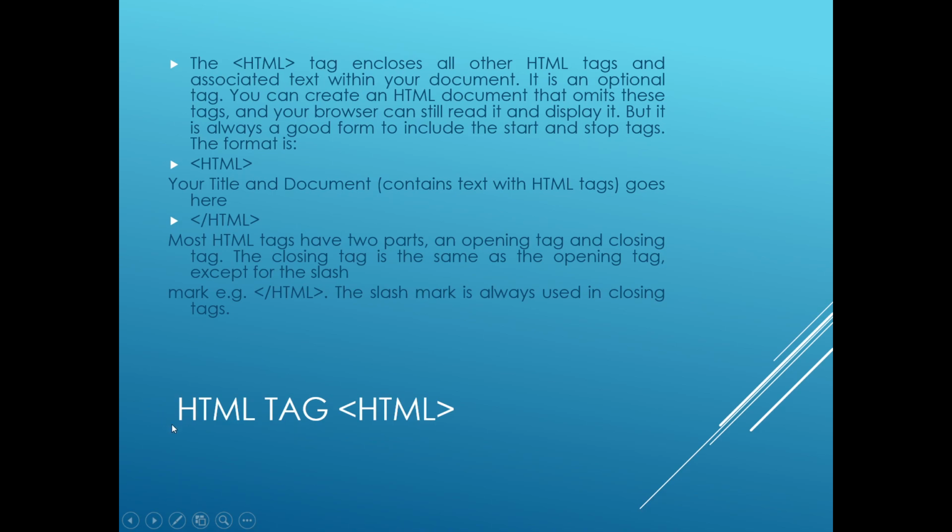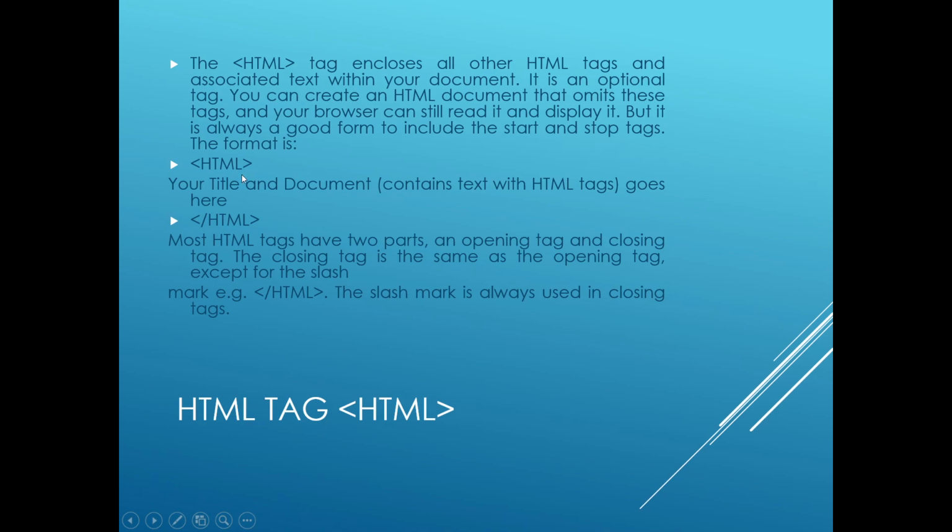First, we are going to discuss the HTML tag. The HTML tag encloses all other HTML tags and associated text within your document. It is an optional tag. You can create an HTML document that omits these tags and your browser can still read and display it. But it is always good form to include the start and stop tags.